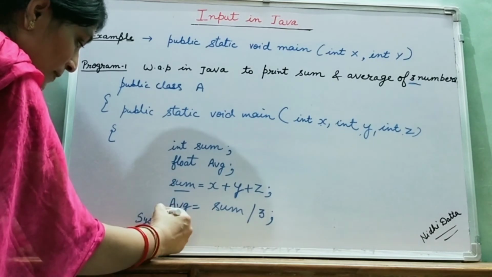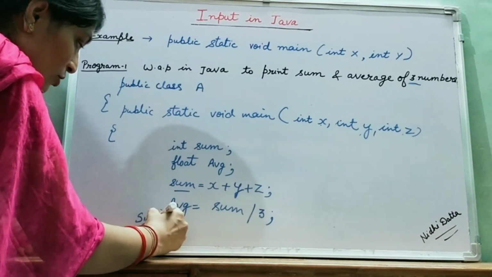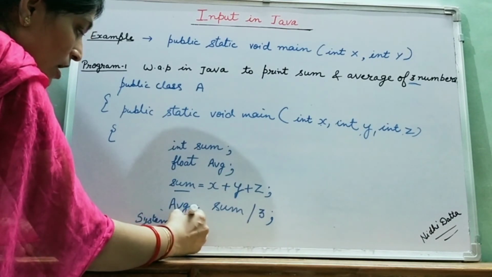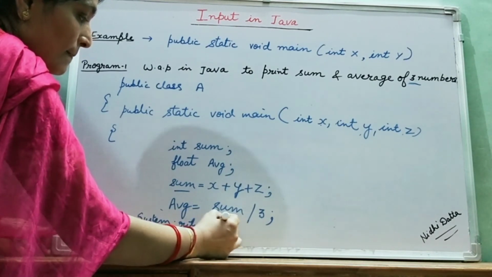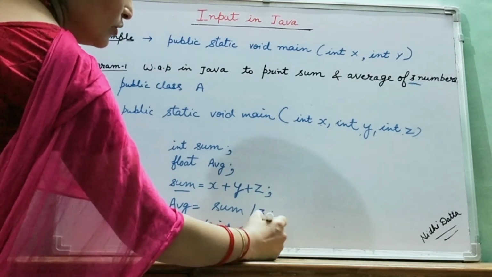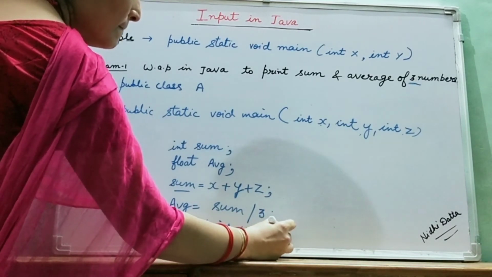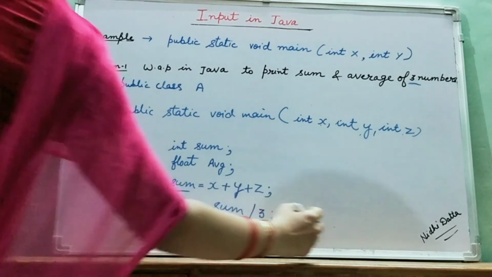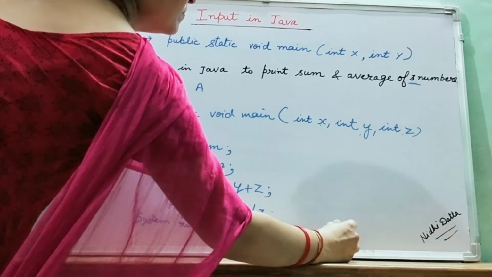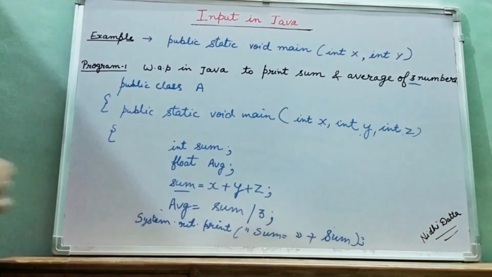System.out.print, then "sum is equal to" in quotes, close quotes plus the sum variable, then bracket close, then semicolon.